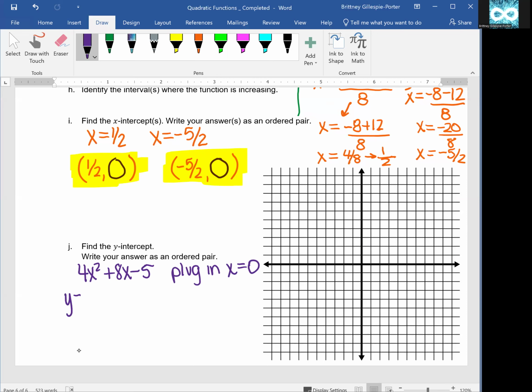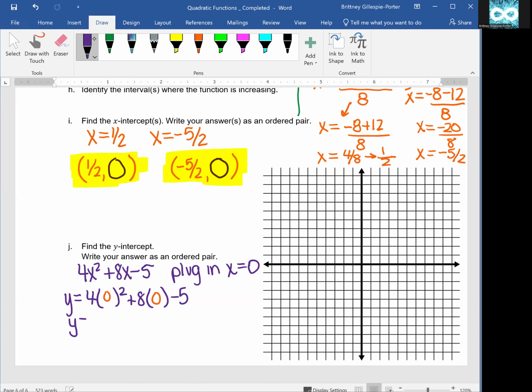So we're going to have y is equal to 4 times 0 squared plus 8 times 0 minus 5. If we do all the multiplication, the 4 times 0 squared goes away because it's 0. 8 times 0 is still 0.